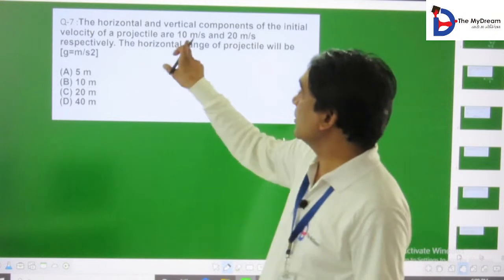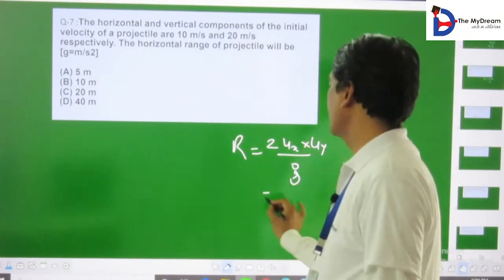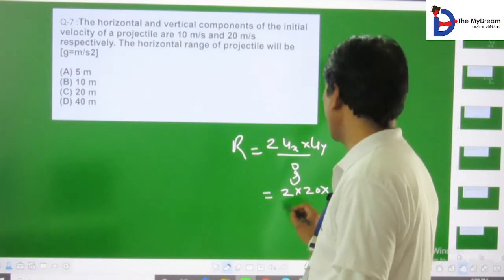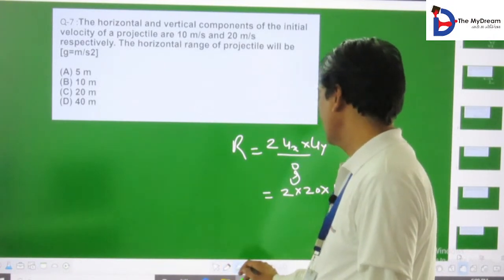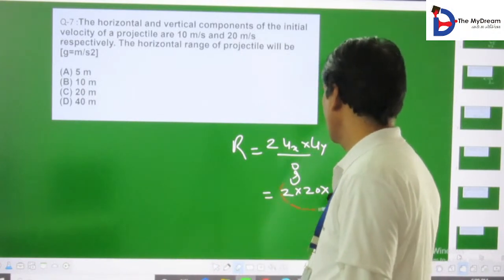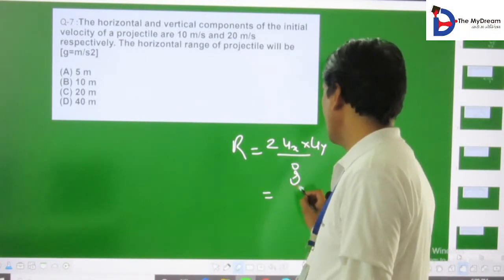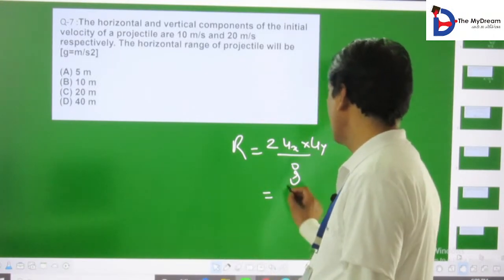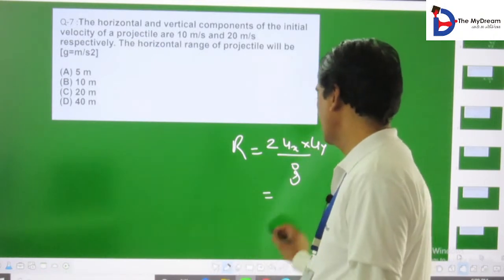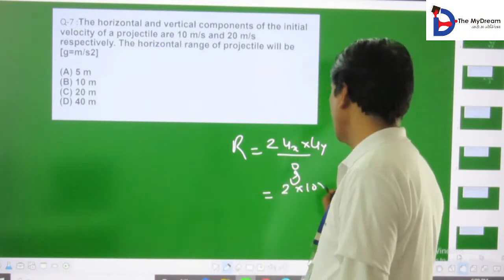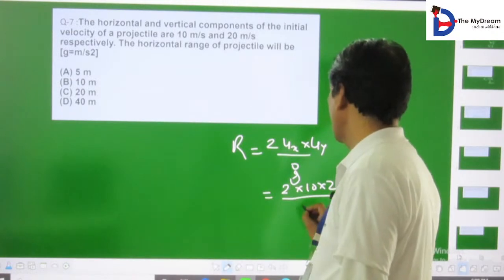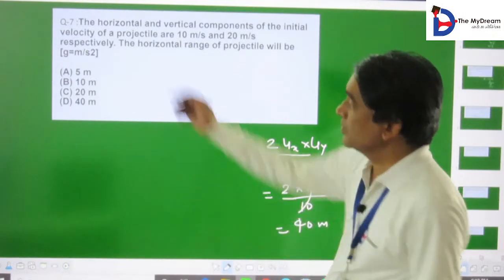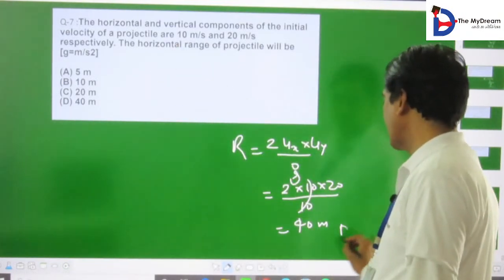This is the horizontal velocity, this is the vertical. 2 into 20 into 40, 2 into 10, 2 into 10 into 20, it will become 40 meters. So 40 meters, option D is correct.